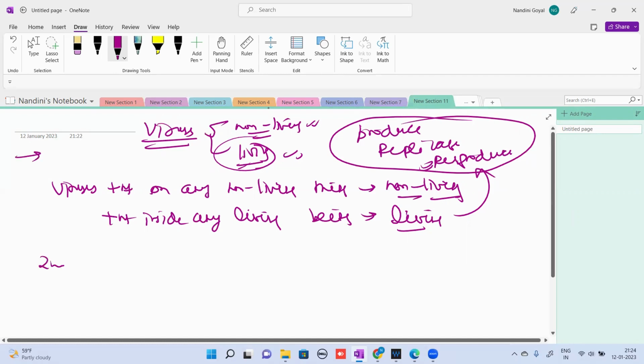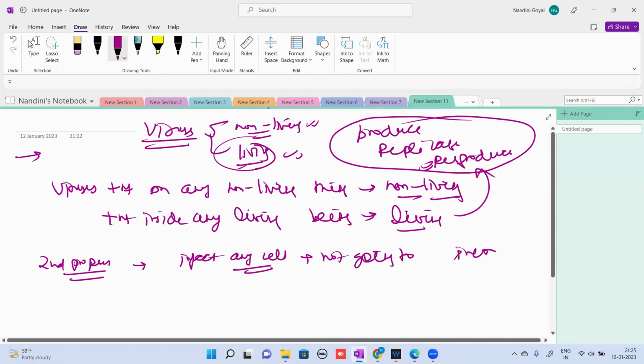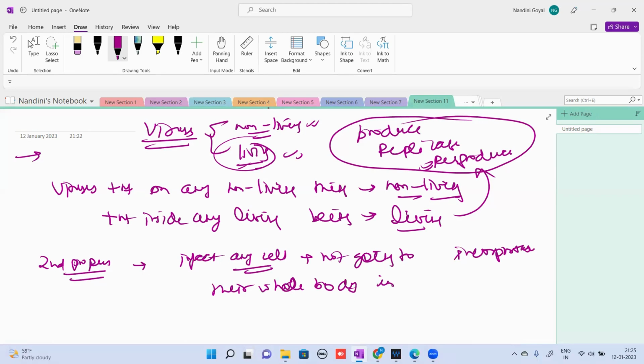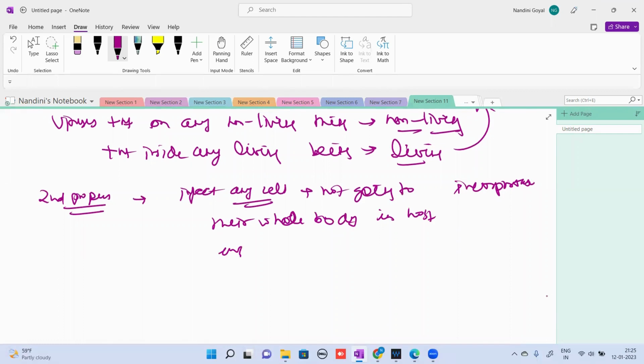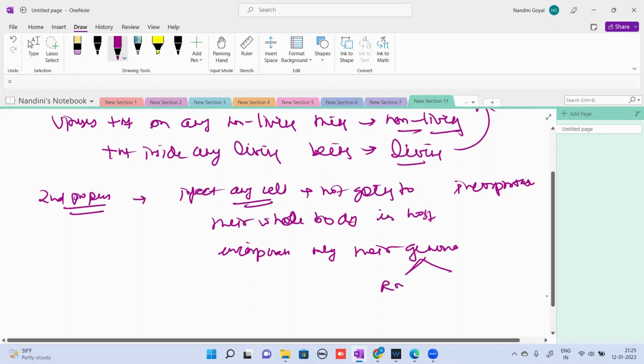This is the first property of the viruses. The second property of viruses is that whenever a virus is going to infect any cell, it is not going to incorporate its whole body in the host. It is going to incorporate only its genome, whether it is RNA or DNA.